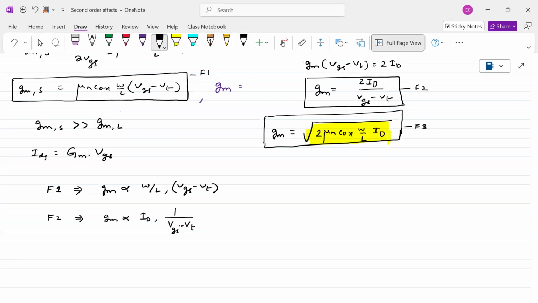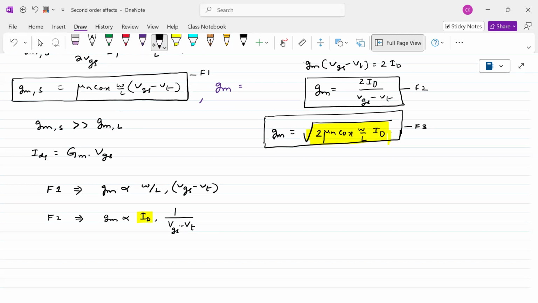If the W by L ratio is changing, then ID values will also change. So you have to remember which one you are making constant.